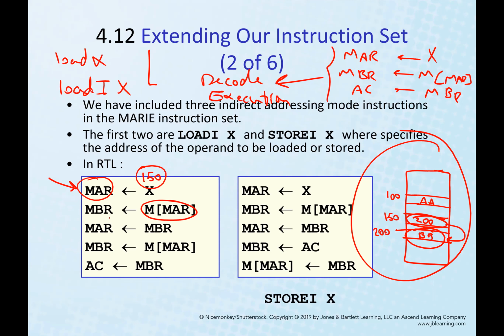What is the content of MAR? 200. Moves to MBR, so MBR has 200. That value moves to MAR again. The content of MAR this time is BB. BB moves to MBR, and this data will be moved to the AC.